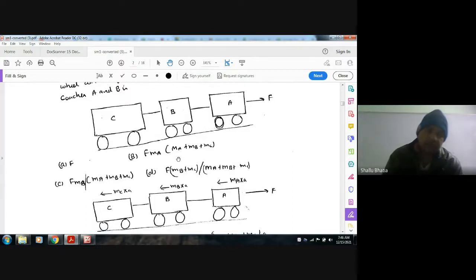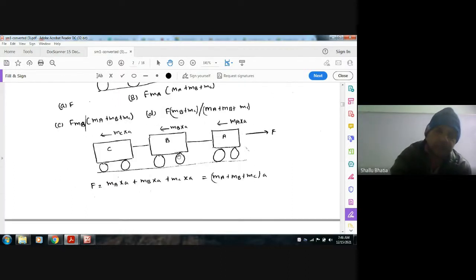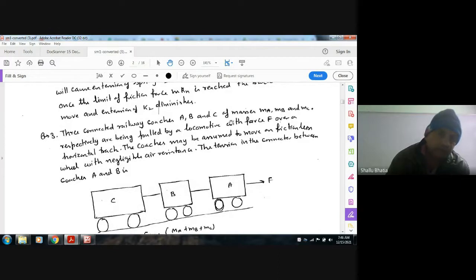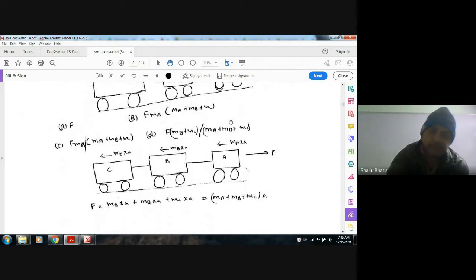Now, suppose this is the force acting on the wagon or coach A. F is the force acting. The mass of A is MA, and suppose a is the acceleration of the whole system. Then the inertial force will be MA into a for this wagon, MB into a for this one, and MC into a for this one.